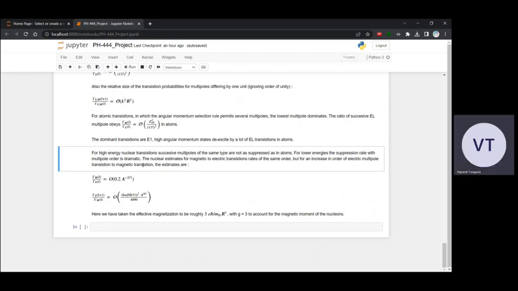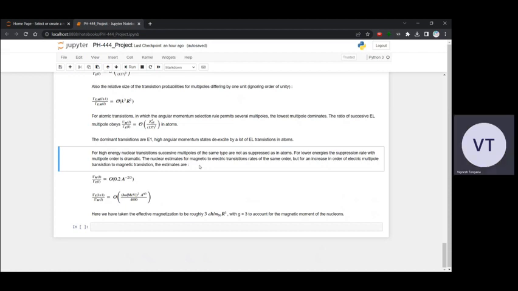So we have to rewrite some of the ratios for the case of nuclear transitions. The radius can be written as 1.4 into A to the power 1 by 3 into 10 to the power minus 15 meter.